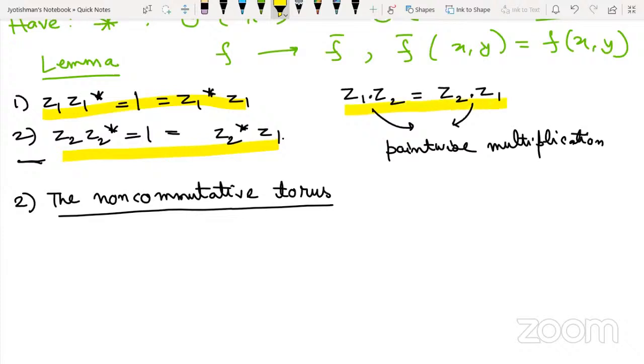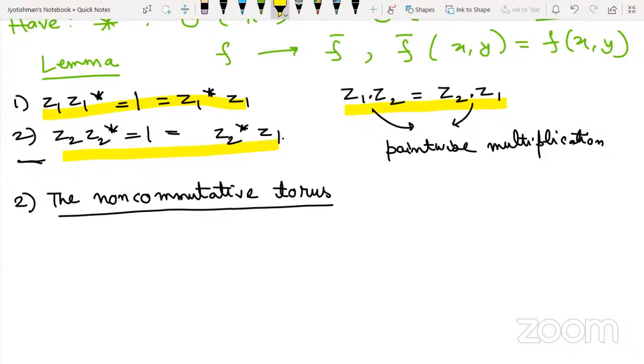These three equations say something very simple. You take the algebra OT2, it is generated by Z1, Z1 star, Z2, Z2 star, and it has these three relations.